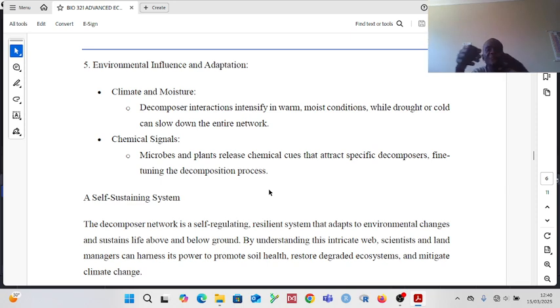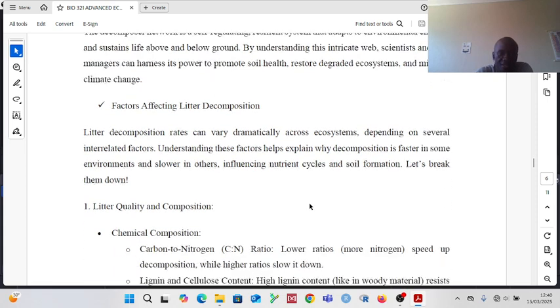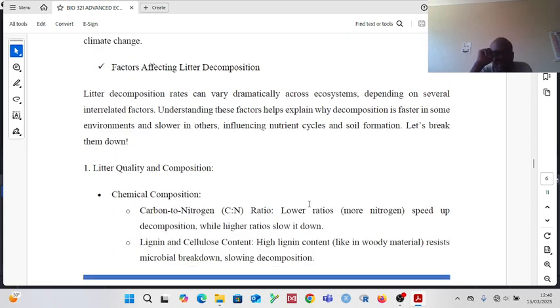So then it means you might not have an entire range of decomposers present in different ecosystems on the basis of which chemicals have been released by which plants. That is now what will determine the type of decomposers you find in a particular litter decomposing setting. So which factors affect the decomposition of litter?